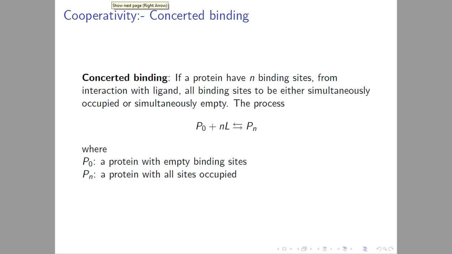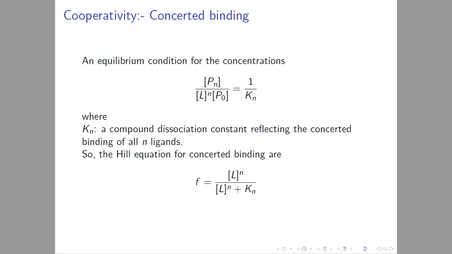So the process is P0 plus N L gives PN, where P0 is protein with empty binding sites and PN is protein with all sites occupied. Using the equilibrium condition, we get PN over L^N P0 equal to 1 over Kn, where Kn is a compound dissociation constant reflecting the binding of all N ligands.